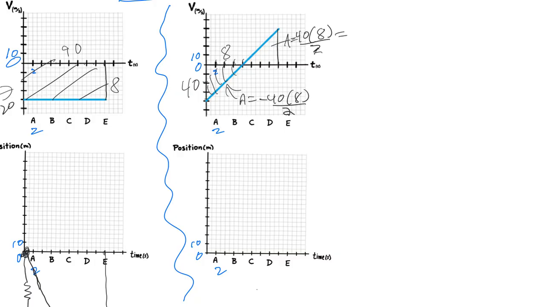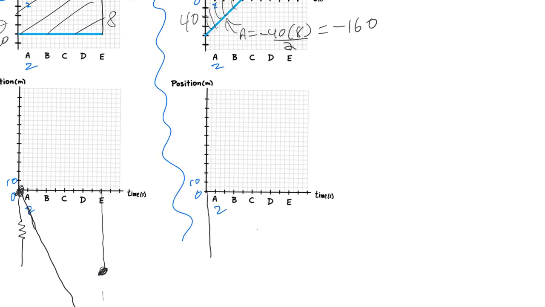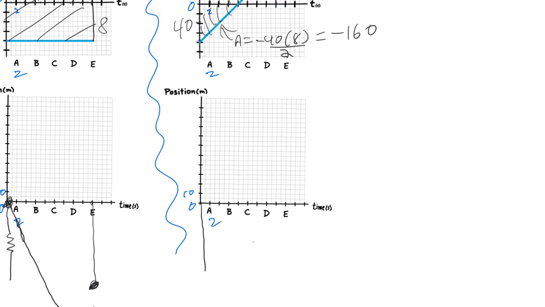So that'd be 2 times 160. This is negative 160. So the position, the net displacement, will be 0. So it would start out at negative 40.